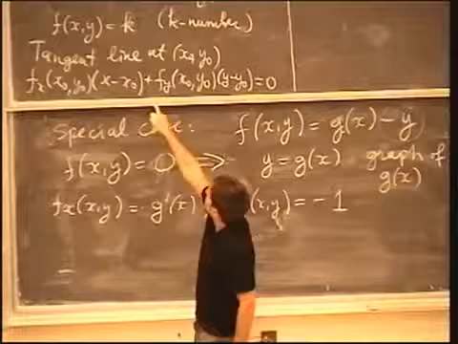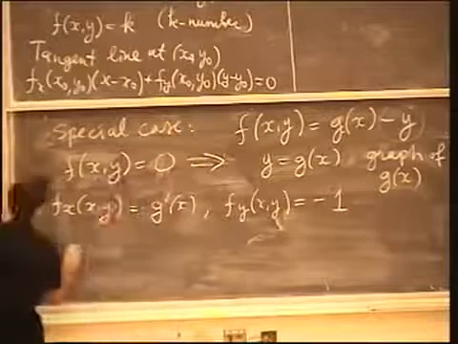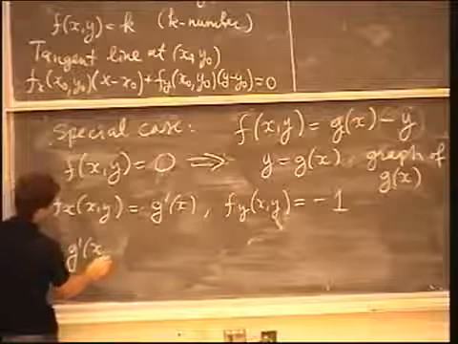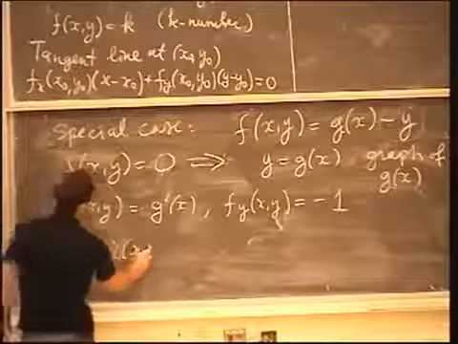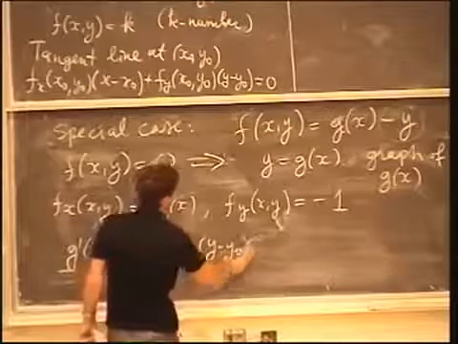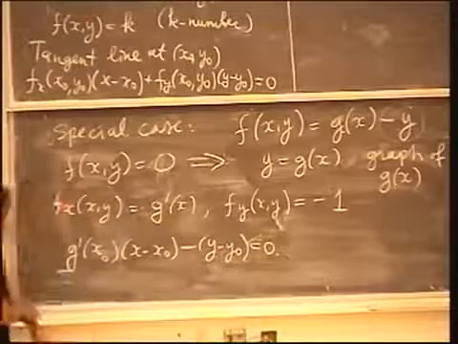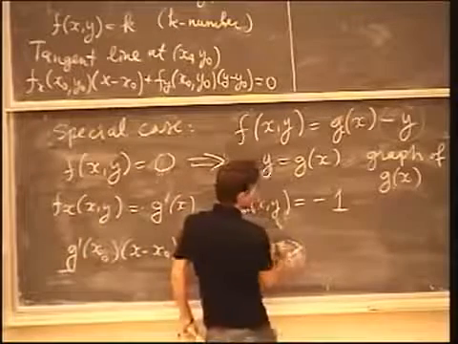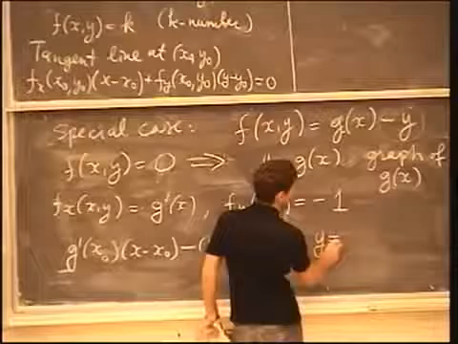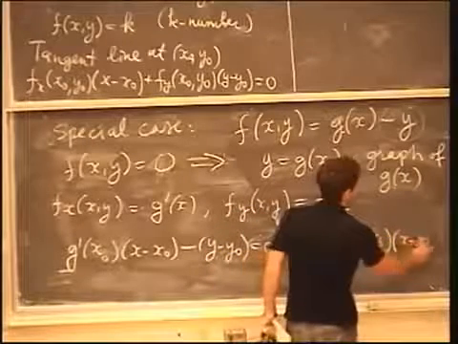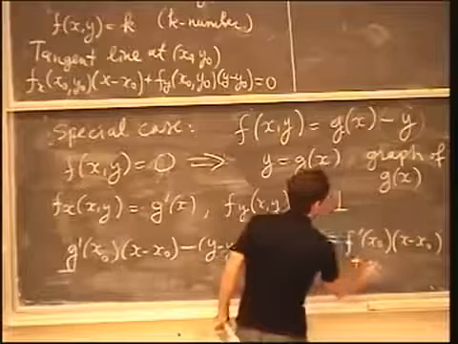So now this formula for the tangent line becomes g prime of x0 times x minus x0 minus y0 equals 0. Let me rewrite this. This is equivalent to saying y is equal to f prime of x0 times x minus x0 plus y0.